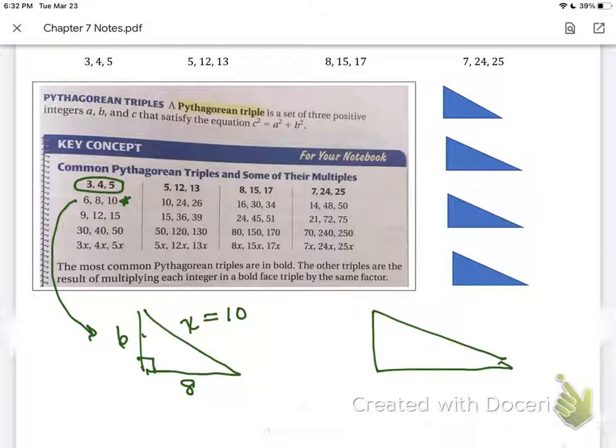Let's try another one. What if I say I have the following? I have 51, I have 45, and I have x.